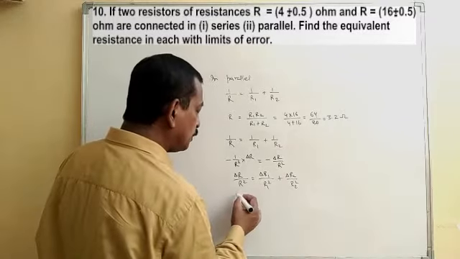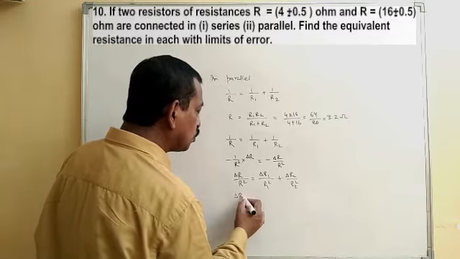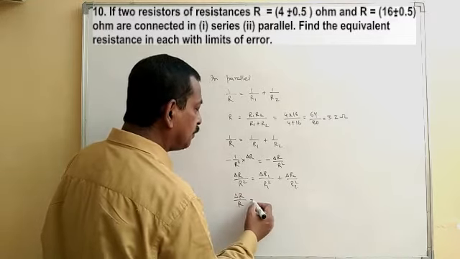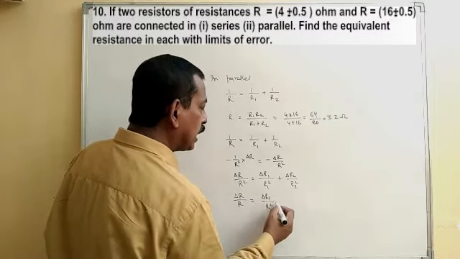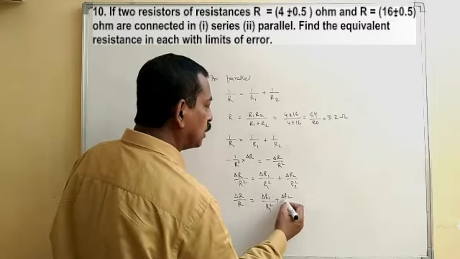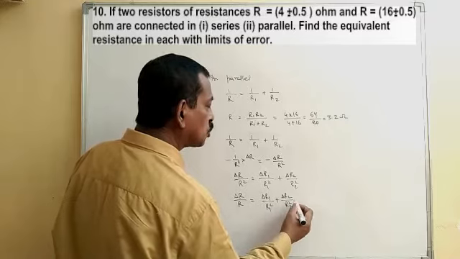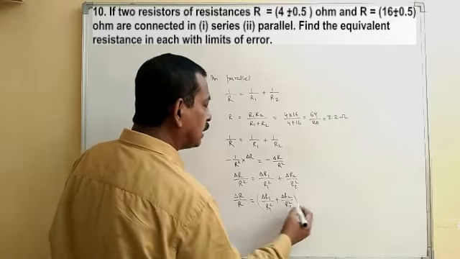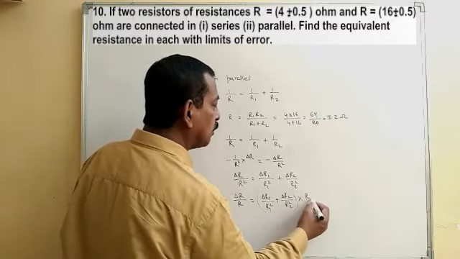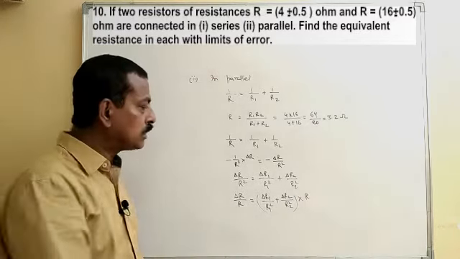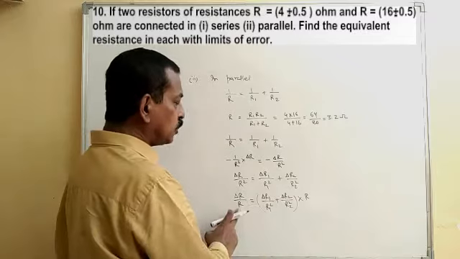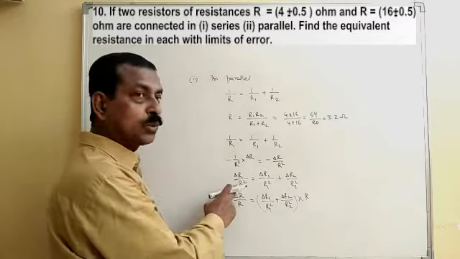Now suppose you take only delta R by R, then it will be delta R1 by R1 square plus delta R2 by R2 square, and the entire term will be multiplied by R, because R is the equivalent resistance, and here it is R square.